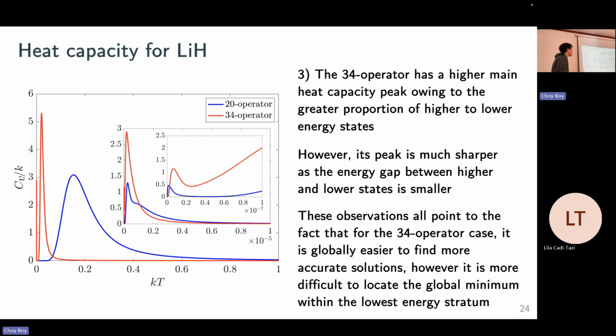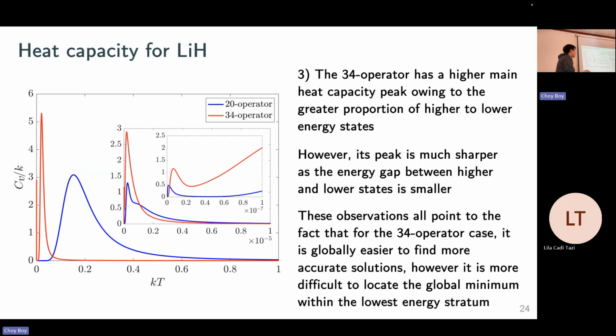We observe that for the 34 operator case, the peak is higher because there is a greater proportion of higher to lower minima. It's also sharper because the energy gap between the higher and the lower states is smaller compared to the 20 operator one.